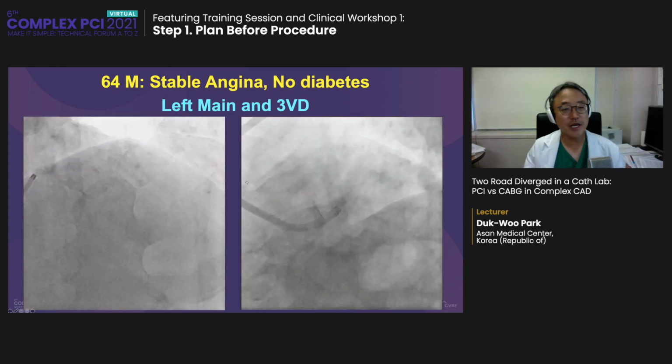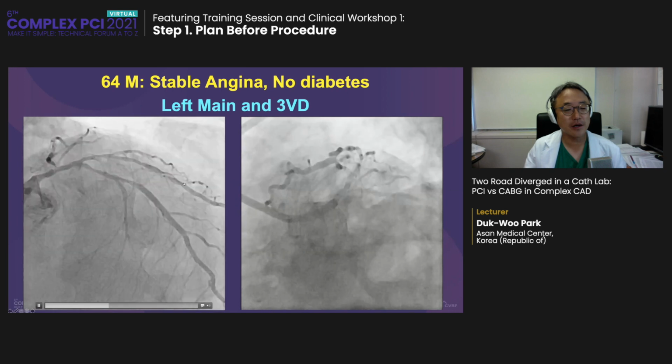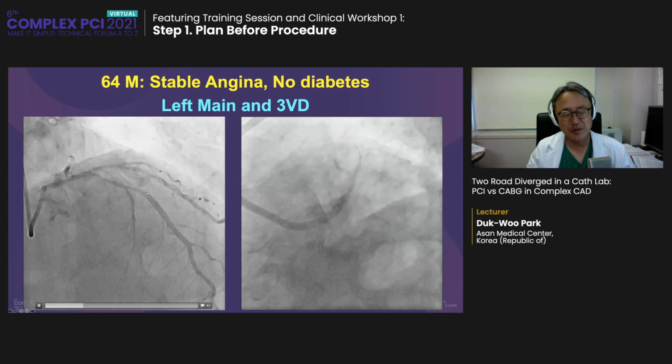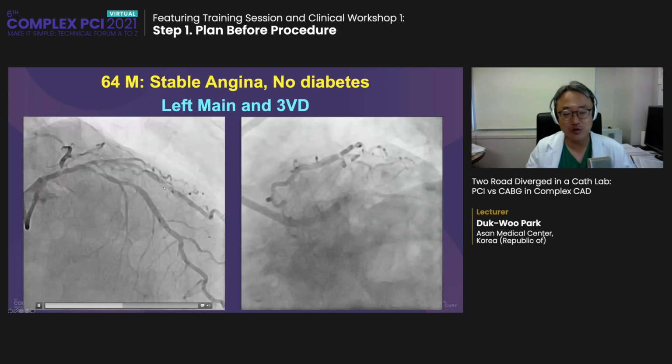Looking at the RAO cranial view, we can see diffuse disease extended to the mid-LAD.